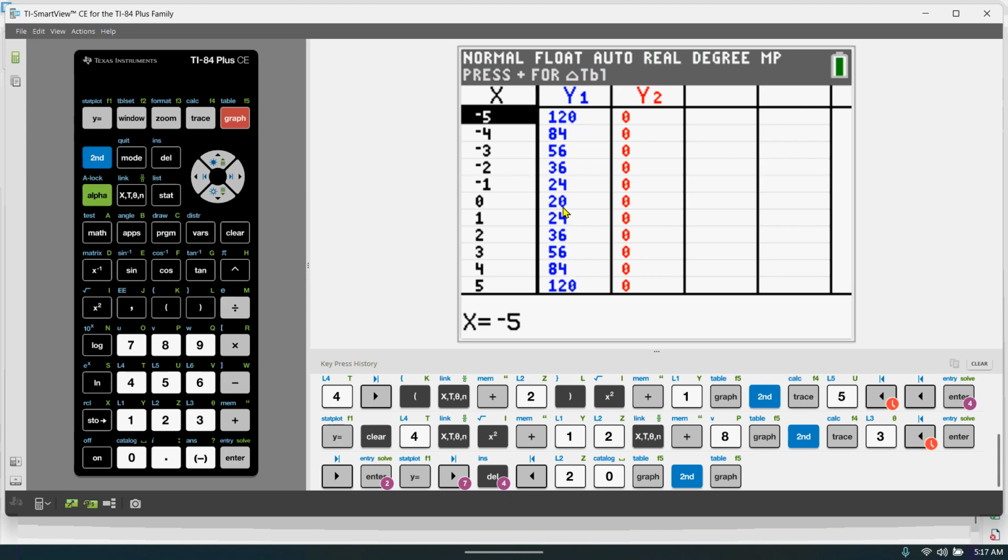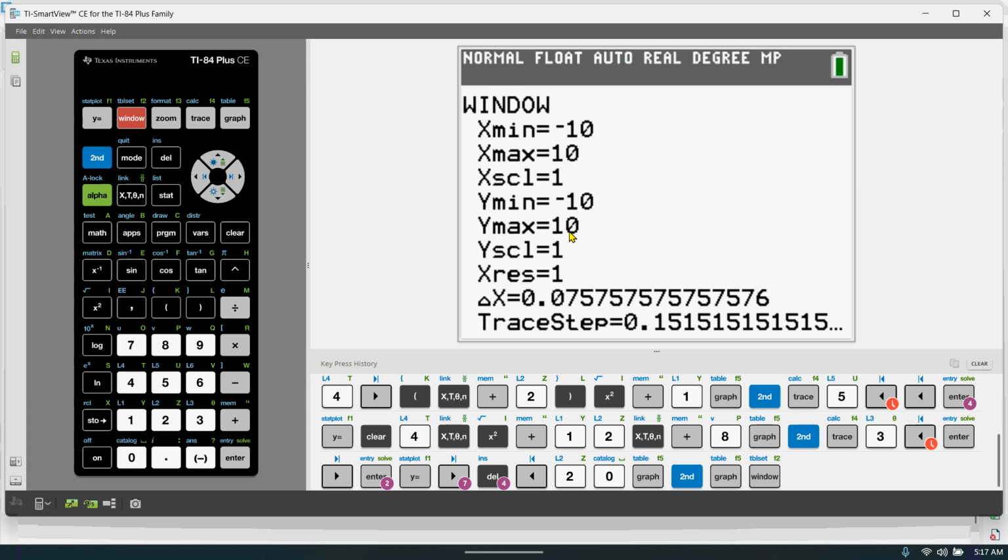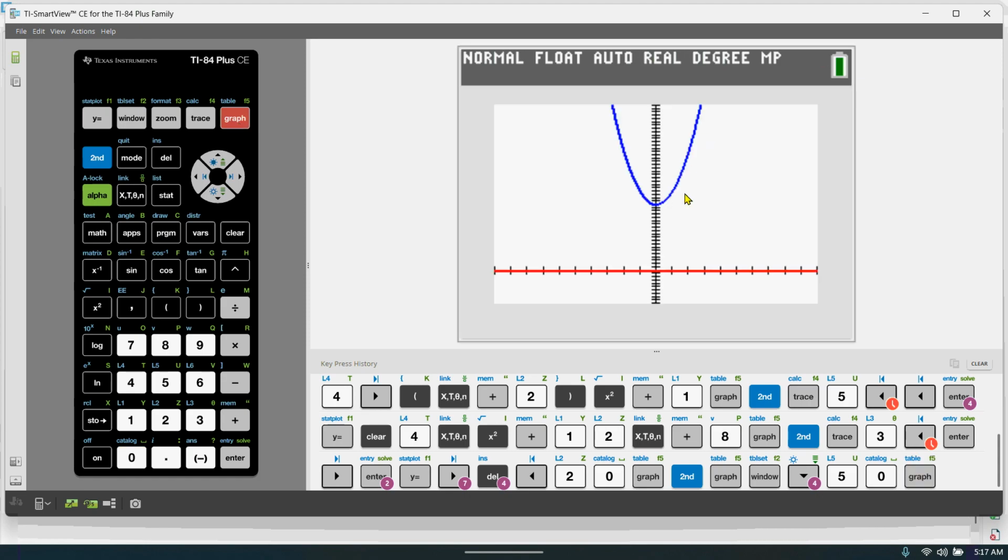I can see the lowest value of like 20 right here, and then it starts repeating 24 and 36. So right now my window is showing a max of 10. So it's already just too small. So I'm going to change this value. Let's just change it to 50 for right now. Okay, and just see what happens. Now I can start to see it.